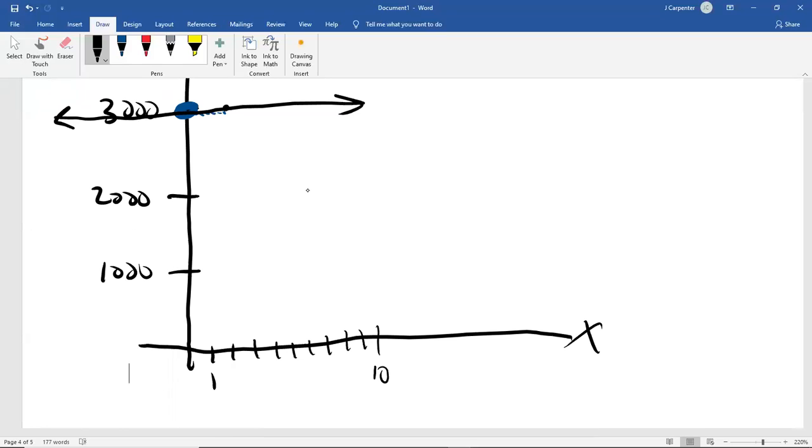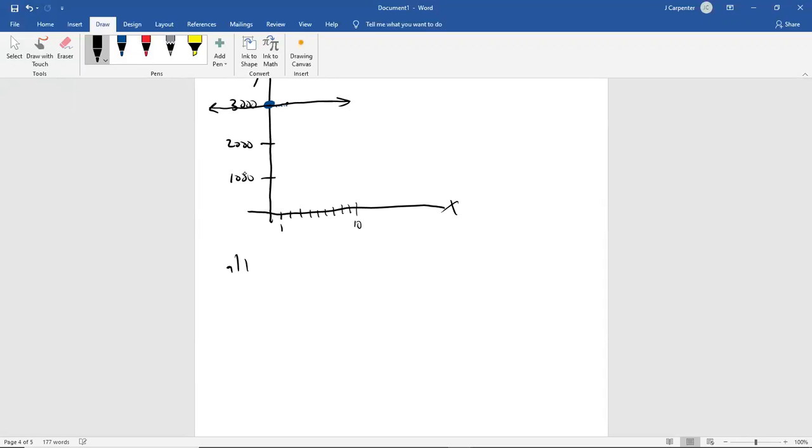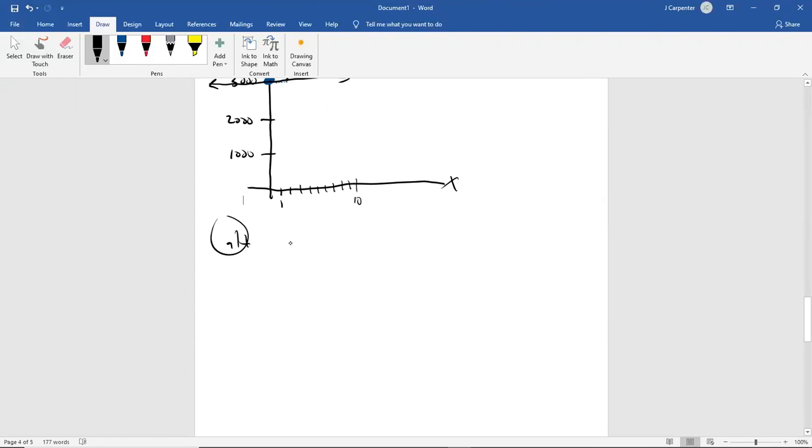So what someone might say is, well, I don't want to scale this based on 1 versus 10. Let me scale this in hundreds or thousands like the other side is. So an alternative graph might look like this. I'll still go in thousands on the y-axis. 1,000, 2,000, 3,000.